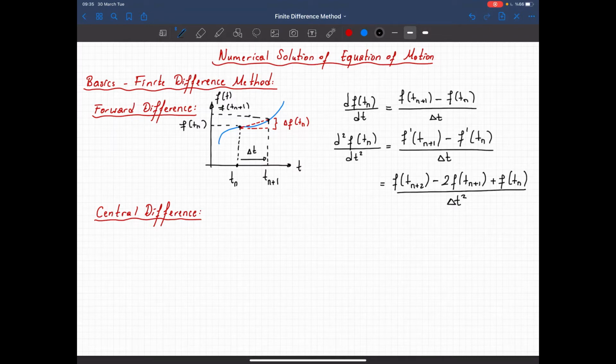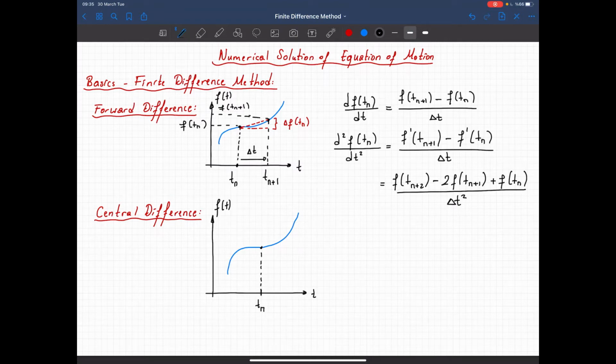So let me draw the same figure. That's t, that's f of t. So let's say that's the variation of f of t. Now here, this is the current time step, Tn.